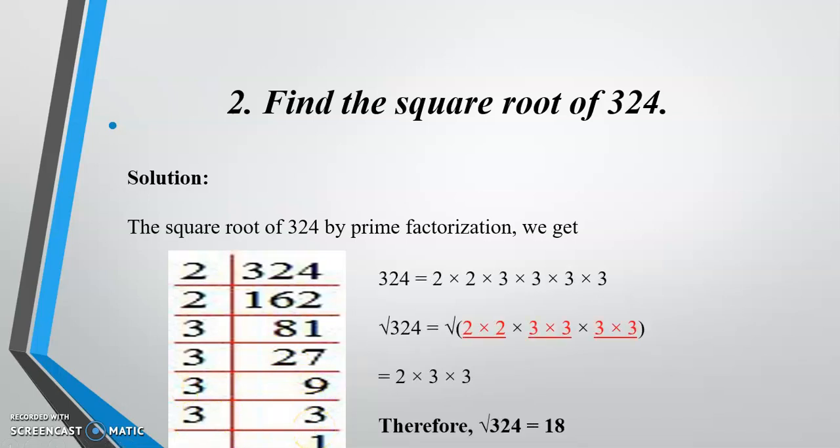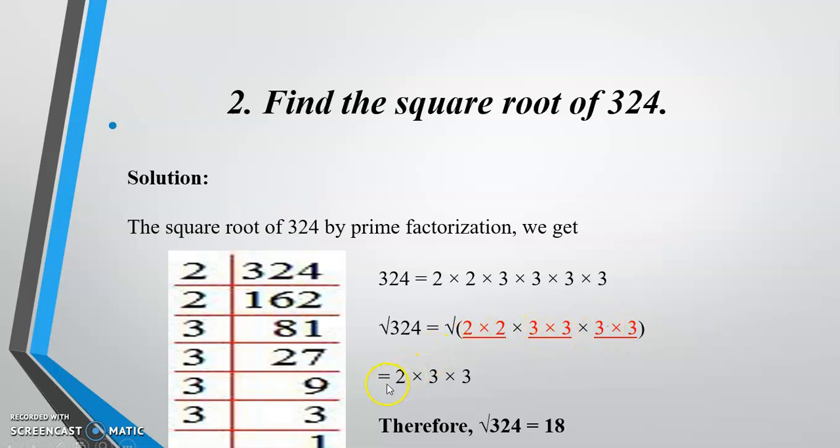Now let's see. So 324 equals 2 times 2 times 3 times 3 times 3 times 3. You can see, put them separately. Pick out one 2, and one from each pair of 3s.